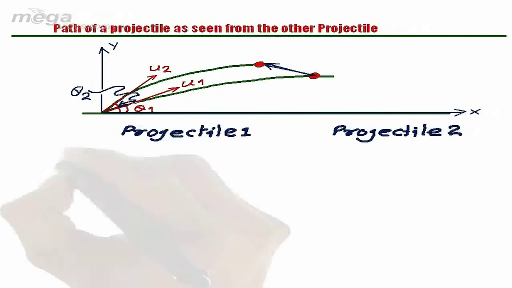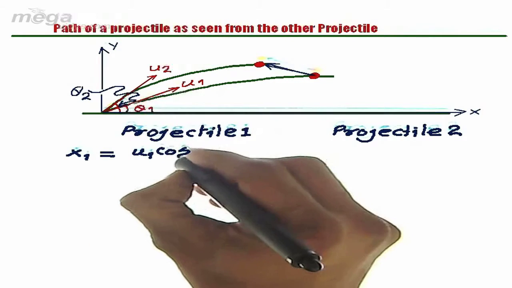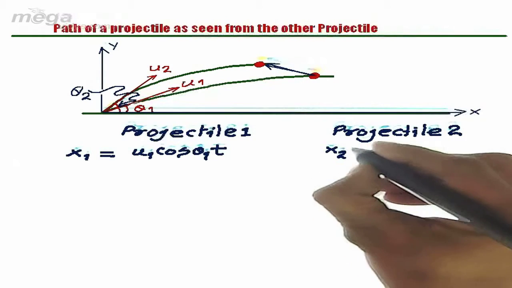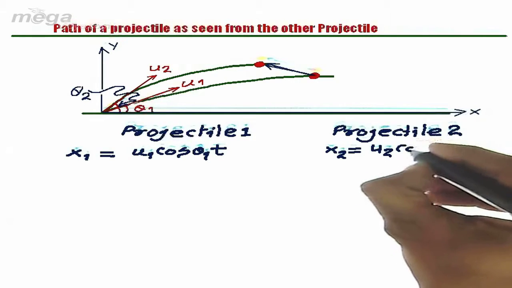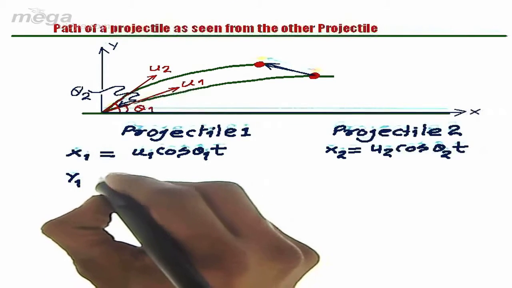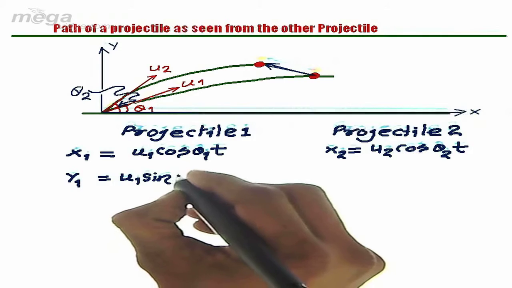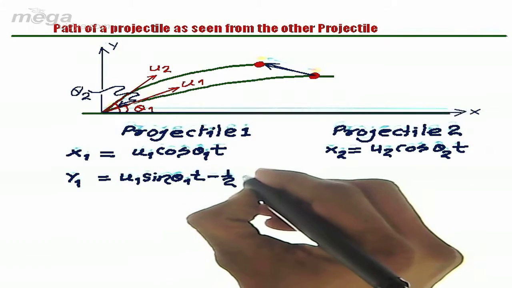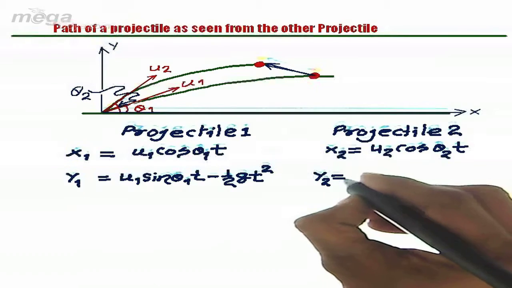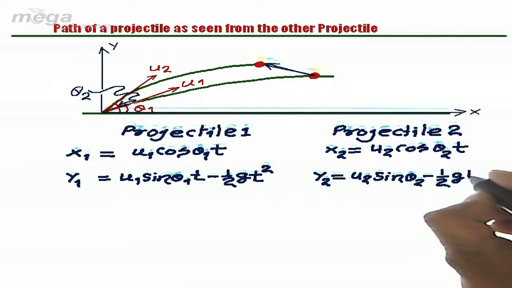For projectile number 1, we can write the x position x1 to be equal to u1 cos theta 1 into time t, while for projectile number 2, the x coordinate x2 is u2 cos theta 2 into time t. For the y coordinates, y1 is equal to u1 sine theta 1 into t minus half g t square. And for the second projectile, the y coordinate y2 can be written as u2 sine theta 2 into t minus half g t square.